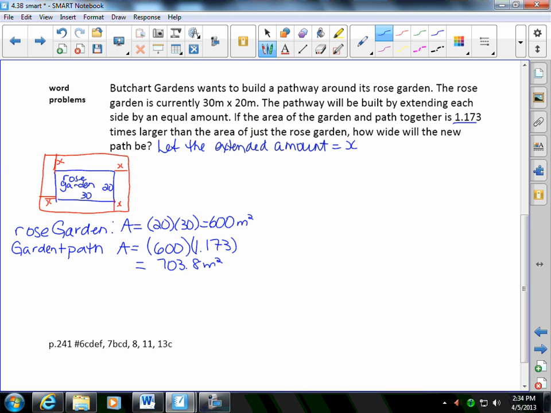So if we look at this, our length to find that 703.8 went from here to here. So our length started out at 30, but now we've added this x here and this x here, so we've added 2 x's to it.